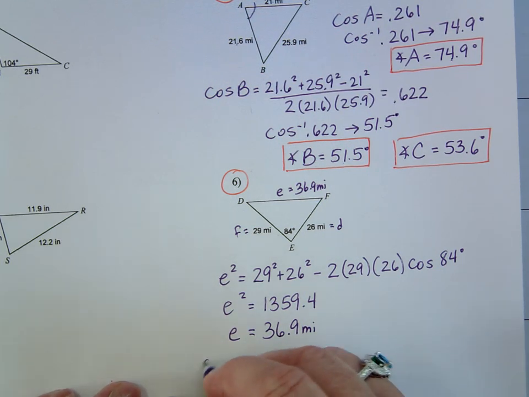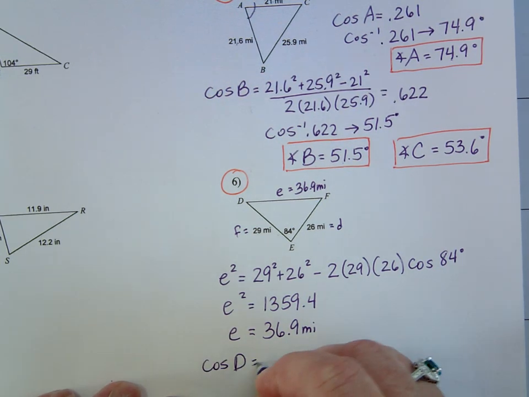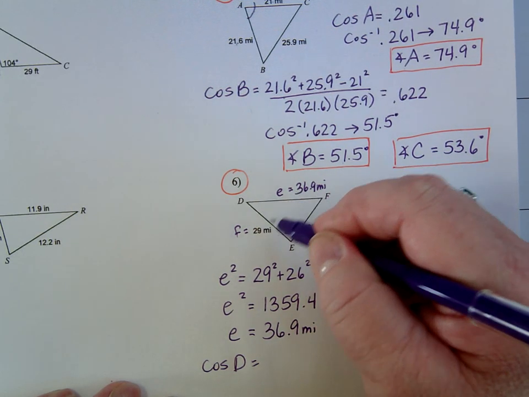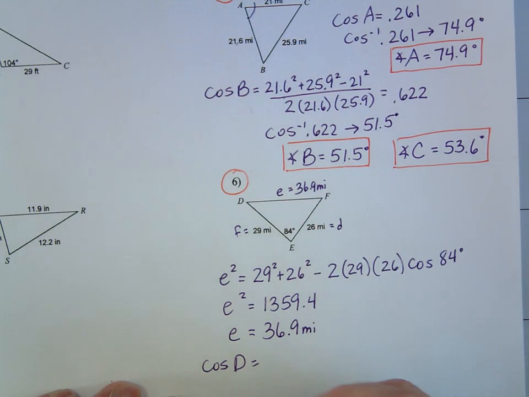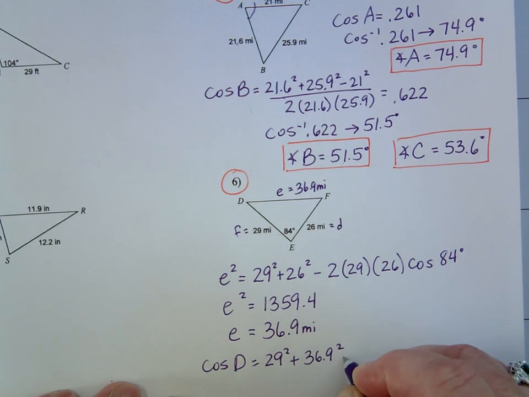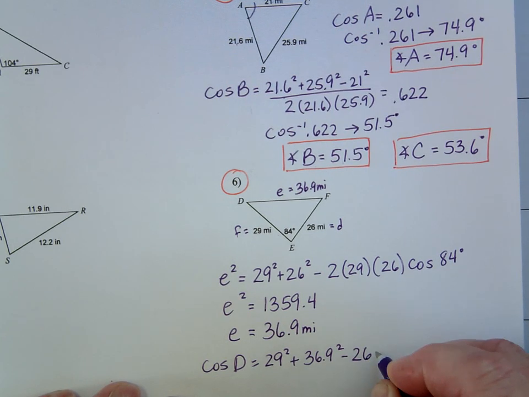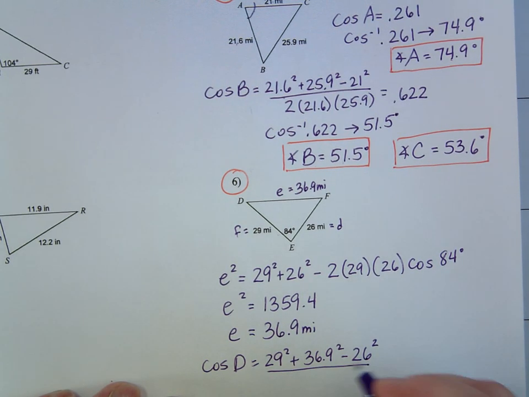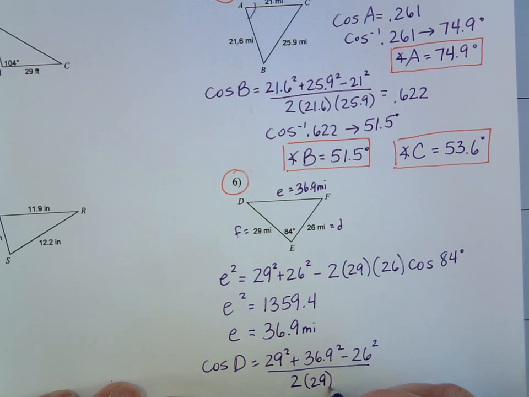So here's my setup. Cosine of D. Go to angle D. The two sides that make up angle D are the ones that go in my formula first. 29 squared plus 36.9 squared minus 26 squared, my opposite side, divided by 2 times my first two, 29 and 36.9.